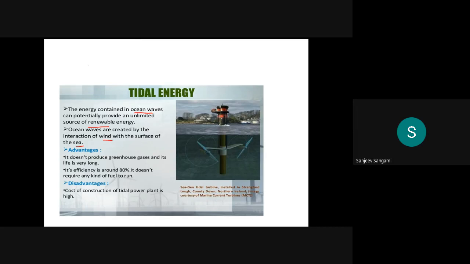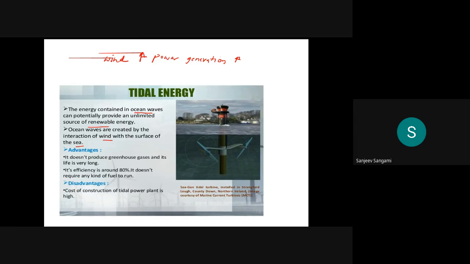For example, if the wind is more, then normally your power generation is also high. So it depends on the wind.